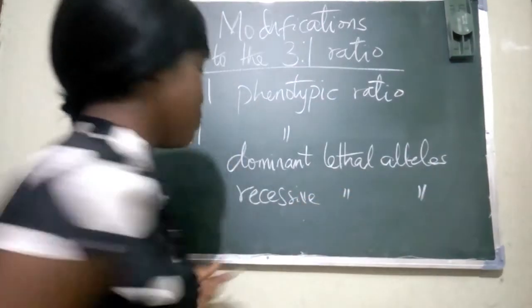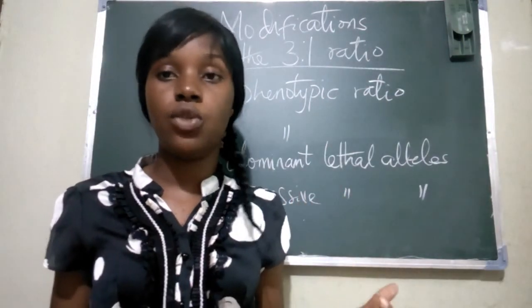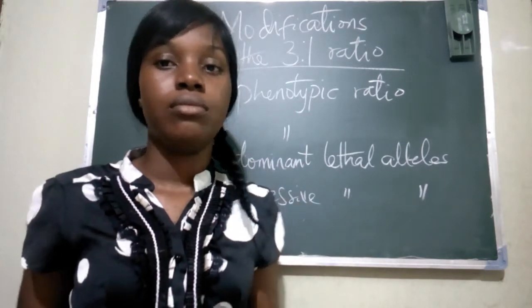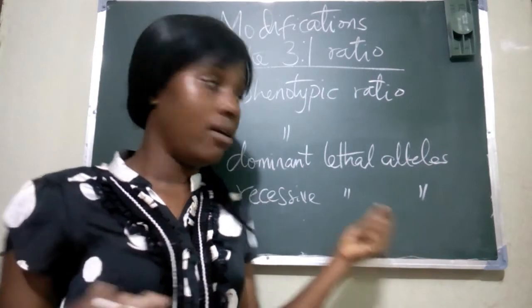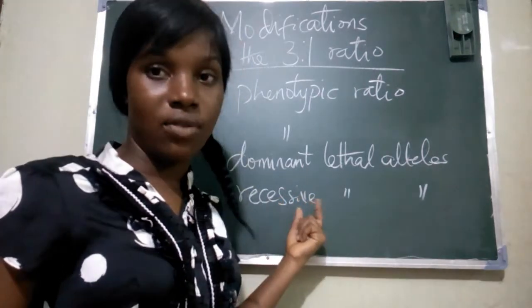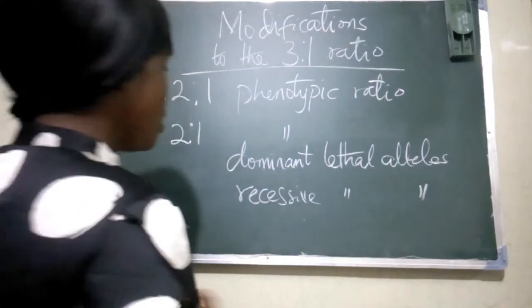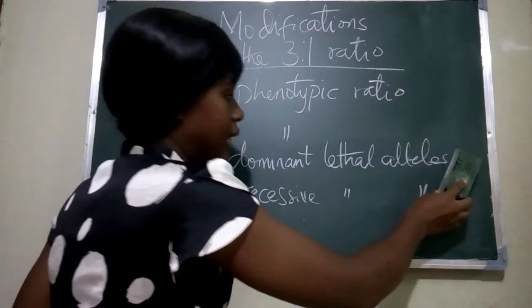And then recessive lethal alleles only cause the death of the individual in the homozygous condition. That is, when the two alleles of the person are recessive and lethal, then the individual will die. Okay, let me give an instance to help us understand this better.